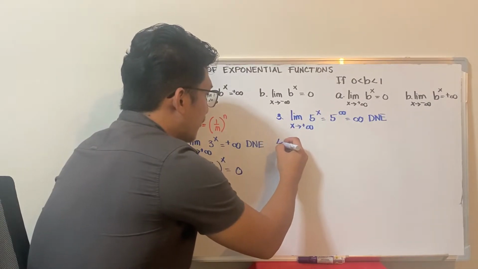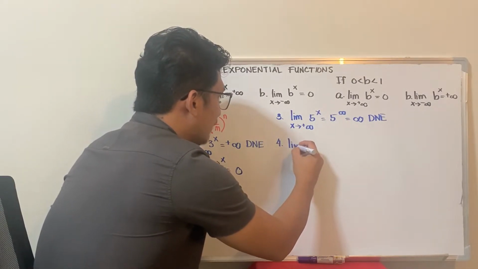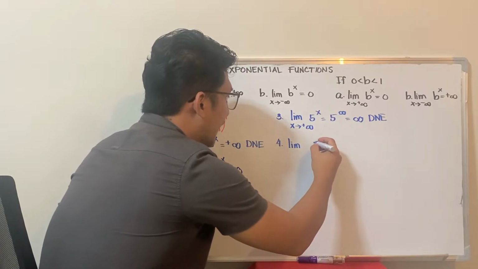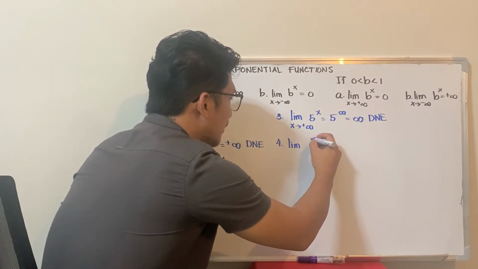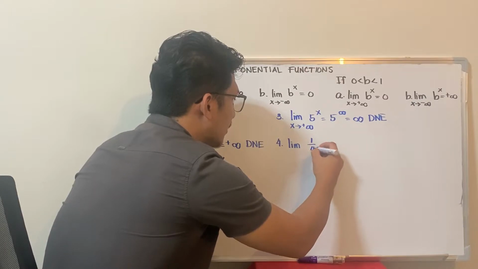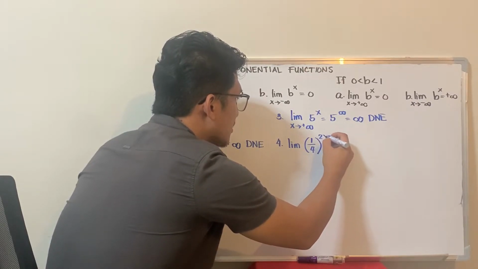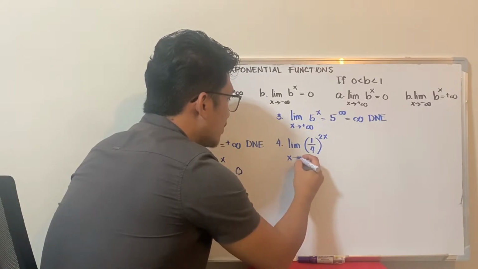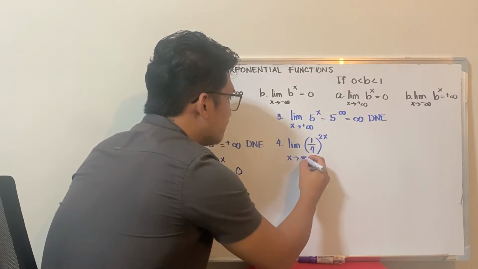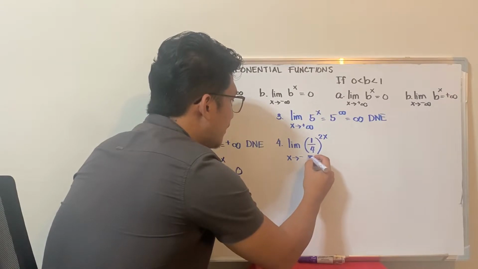Then, example number 4. If you have, let's say, the limit of 1/4 raised to the power of 2x as x approaches negative infinity.